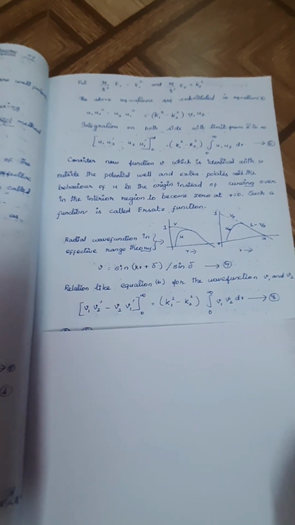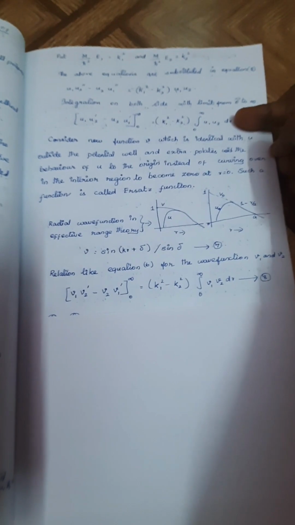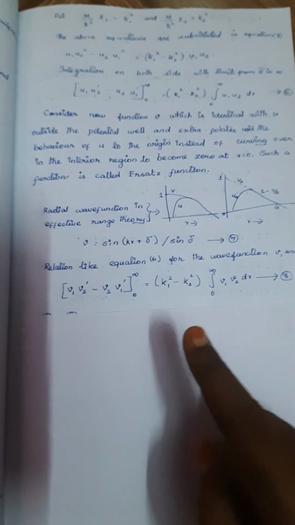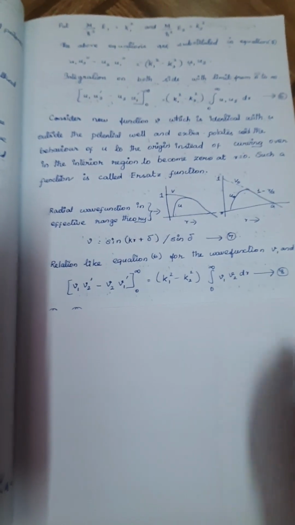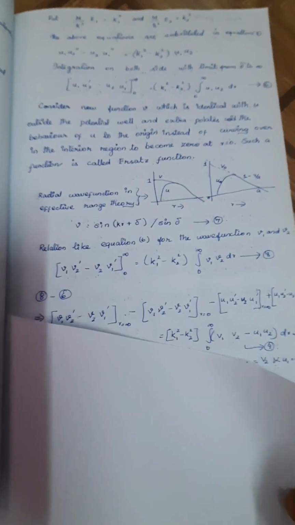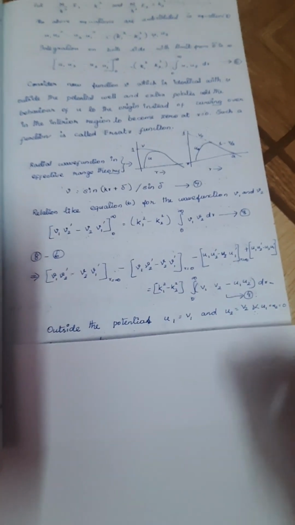Now we write another equation similar to equation number 6, where U1 and U2 are replaced by V1 and V2, and V1 prime, V2 prime are used.